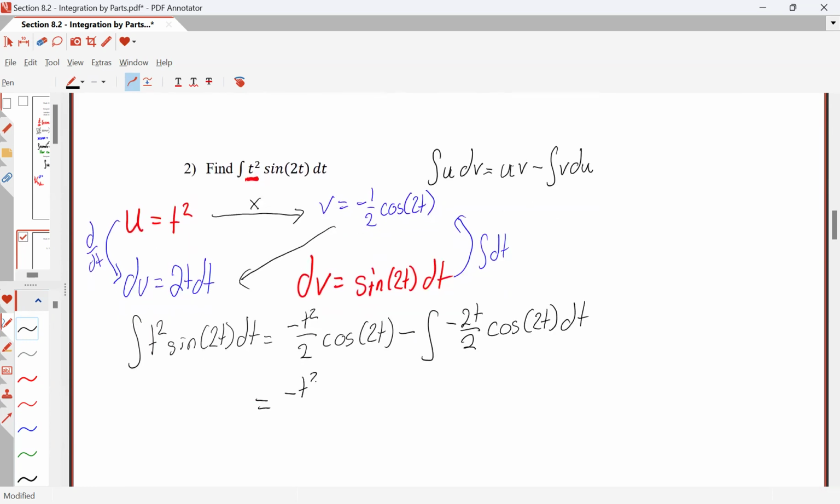Simplifying that integral, minus a negative would be plus the integral. 2 over 2 is 1, t cosine 2t dt.